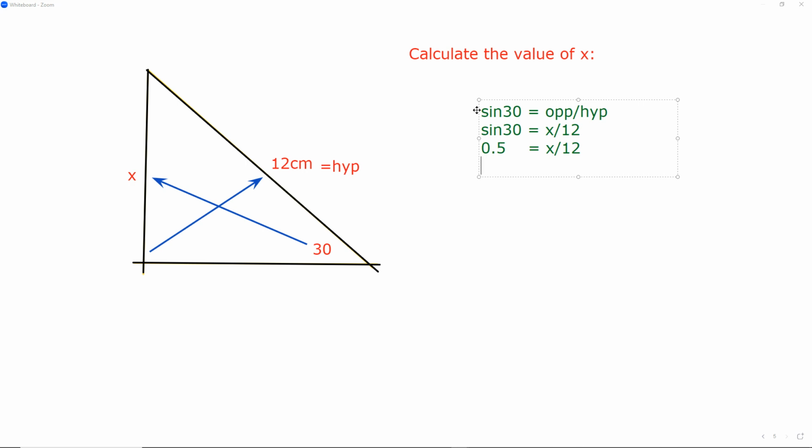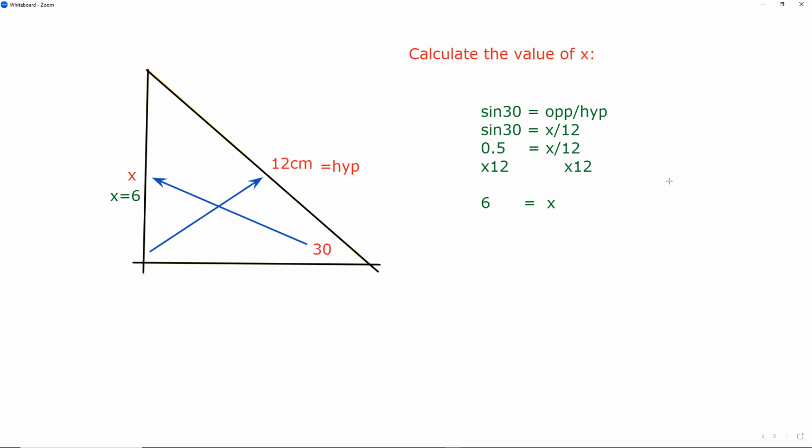So you'd multiply both sides by 12, and that'll come to 6. If x is equal to 6, then we're done. The answer here is x is equal to 6. Okay, and that's the final answer there for this.